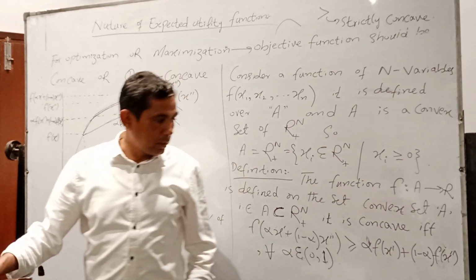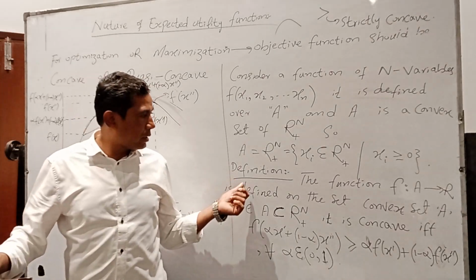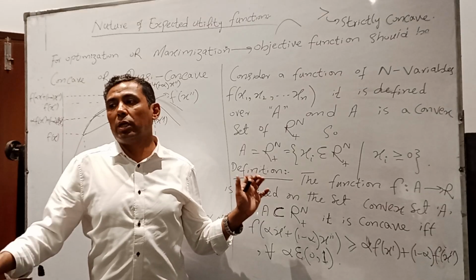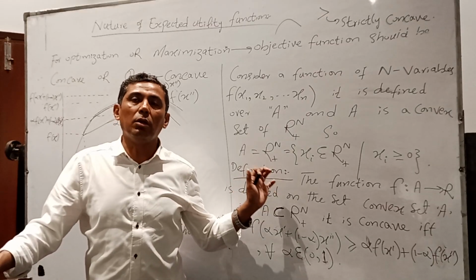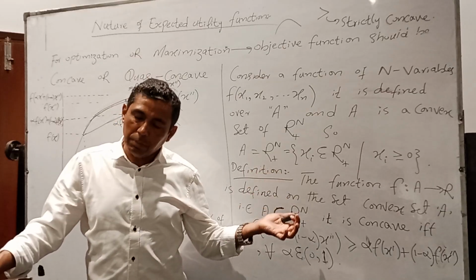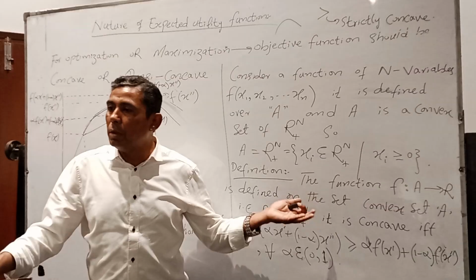Exactly. इसीलिए I call it concave, just. ठीक है, not the global maxima. So as far as concavity is concerned, only the weak concavity is concerned, that is maxima, just maxima. It is not the global maxima.